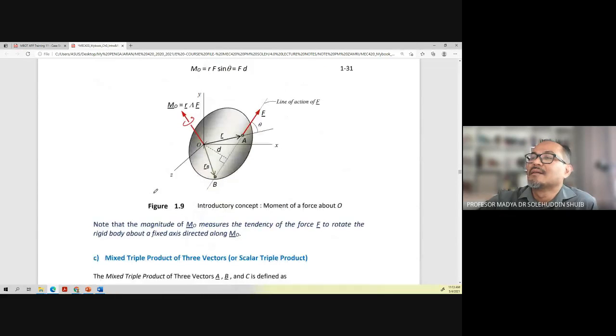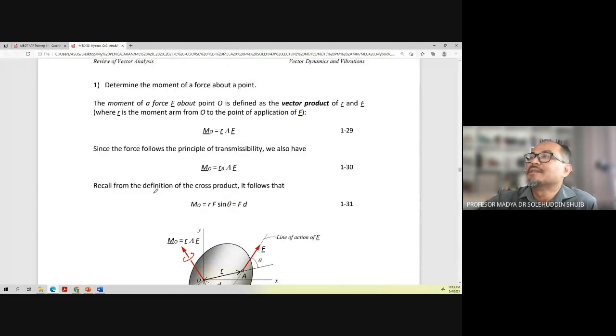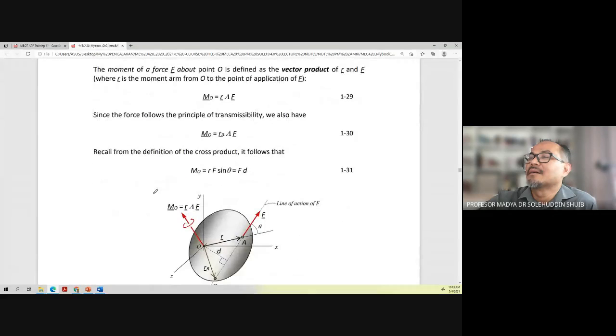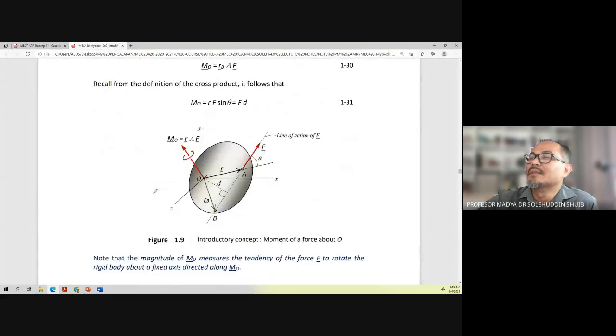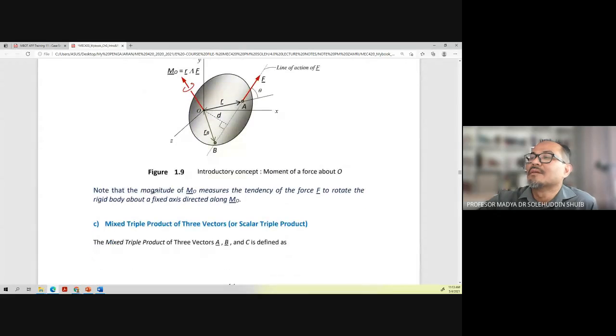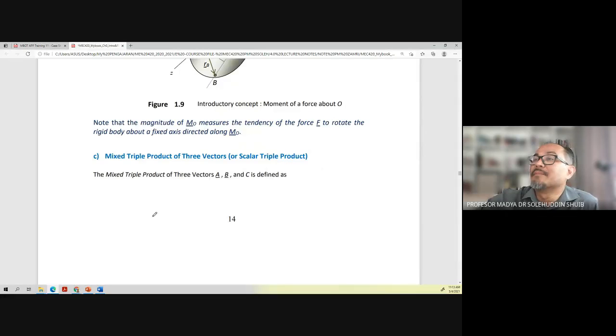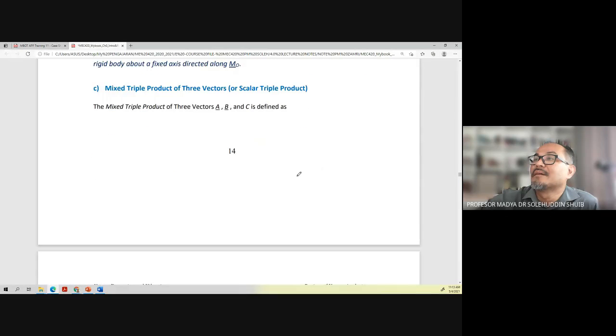Okay. This is an application of vector product. We're going to go through this in detail later on in our kinetics of rigid body. This is a mixed triple product.